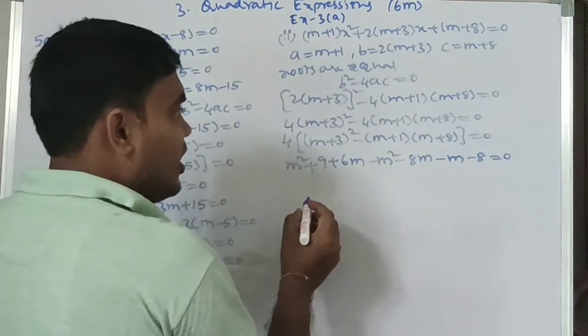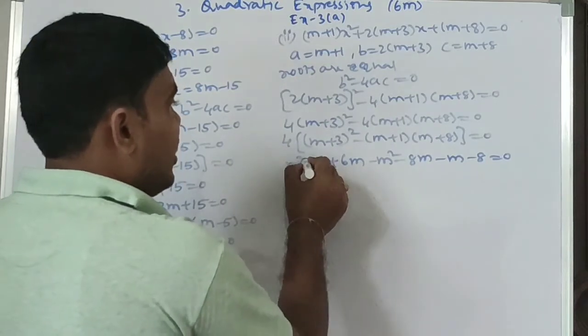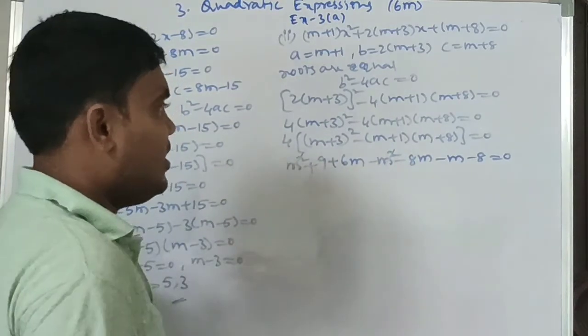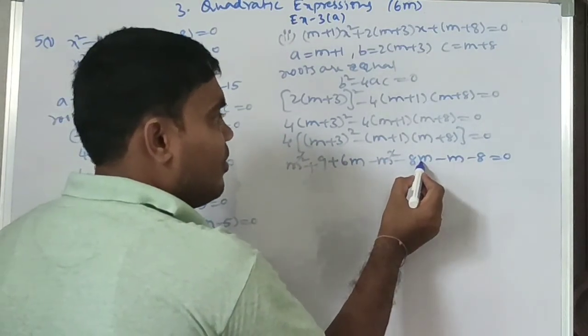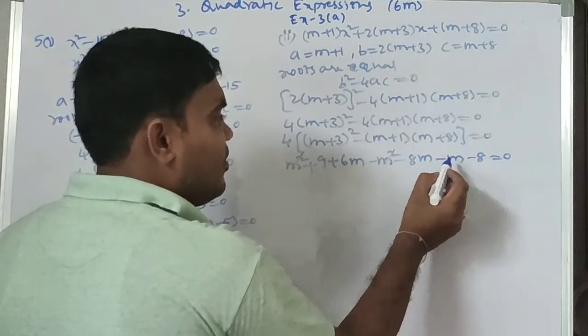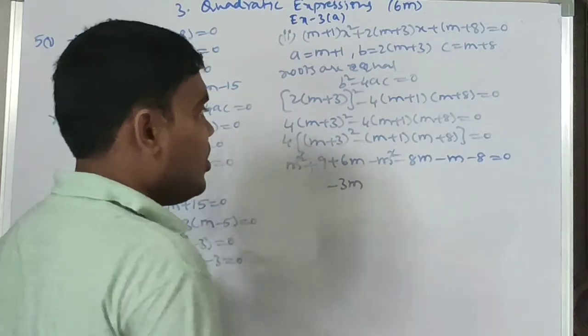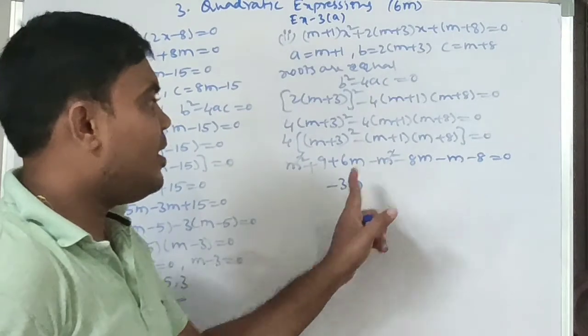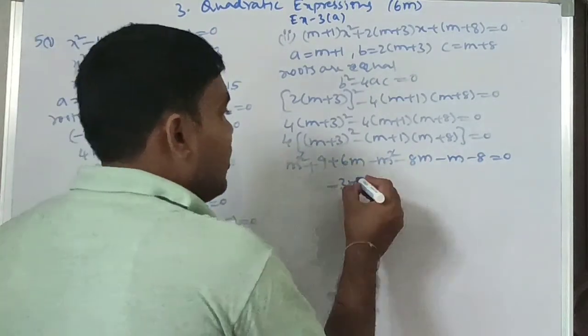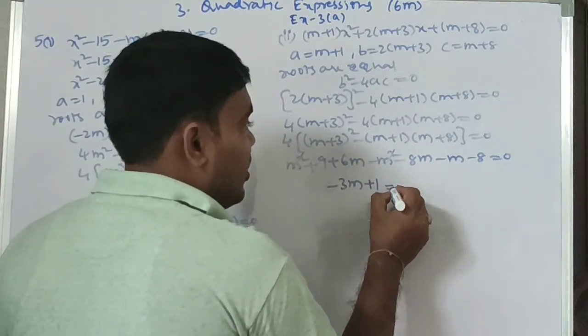So here m square and m square getting cancelled. 6m minus 8m minus 2m, minus m, minus 3m, 9 minus 8 plus 1 equal to 0.